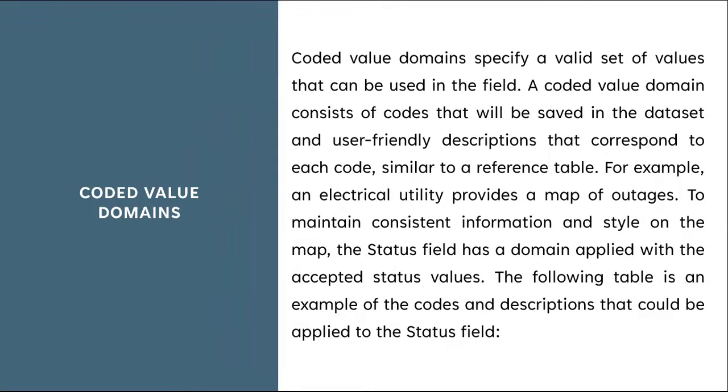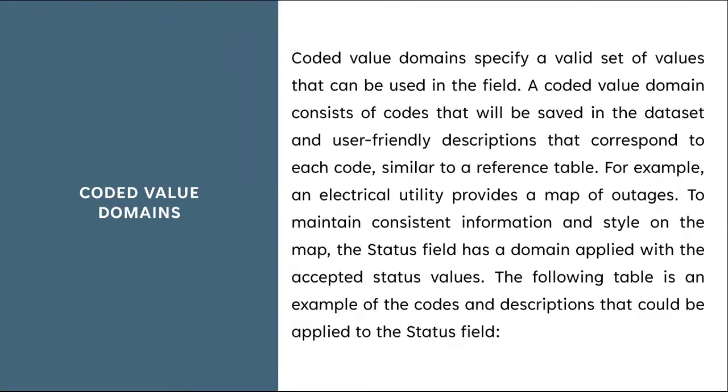A coded value domain consists of codes that will be saved in the dataset and a user-friendly description that can correspond to each code, similar to a reference table. For example, an electrical utility provides a map of outages to maintain consistent information and style on the map.